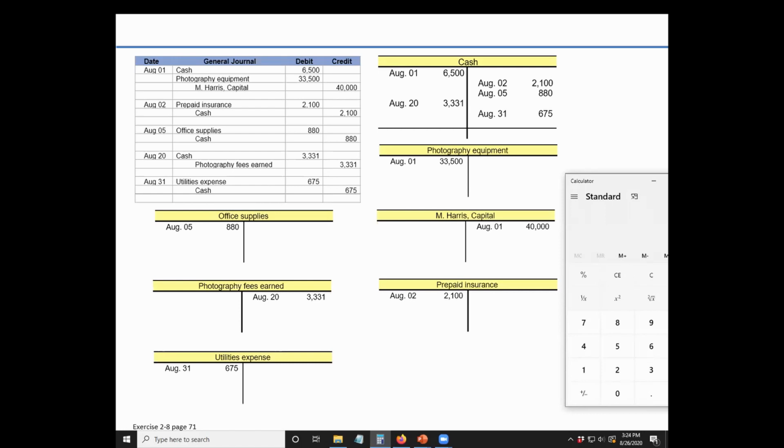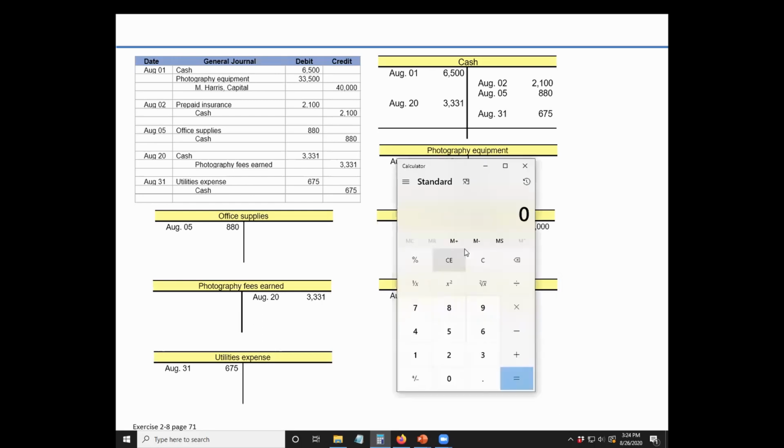And all of the photography equipment, all of her cameras, the lighting, if she has printers that she uses to print the pictures, all of that would be part of her photography equipment, etc.